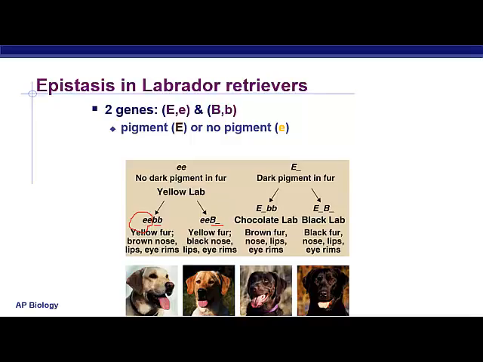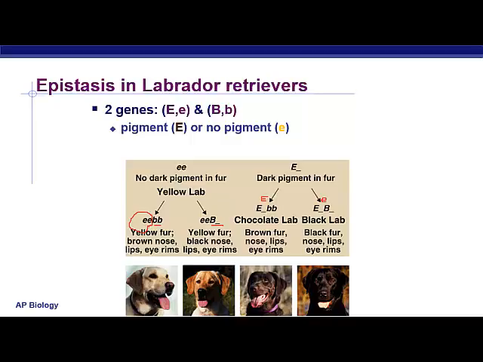If the second gene is like this, for example, and you breed these two dogs together, you're going to get some yellow labs with black noses and some black labs with black noses from the same litter.